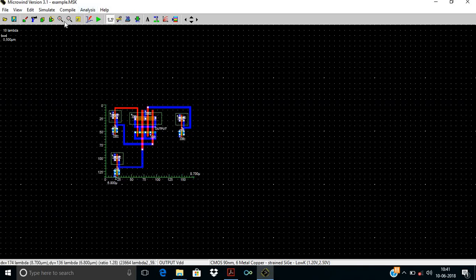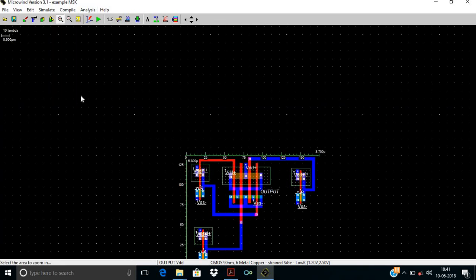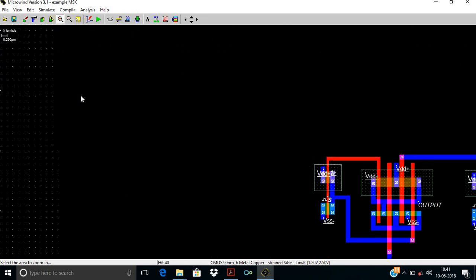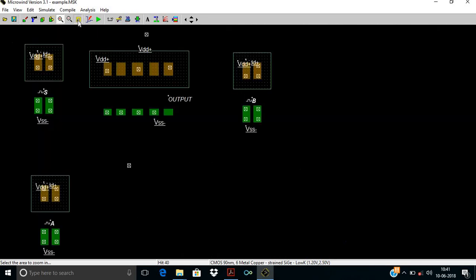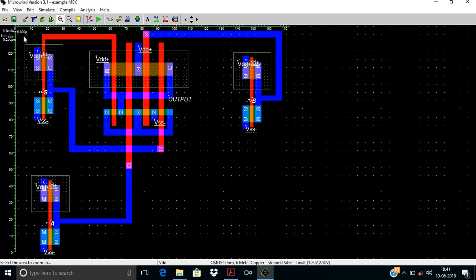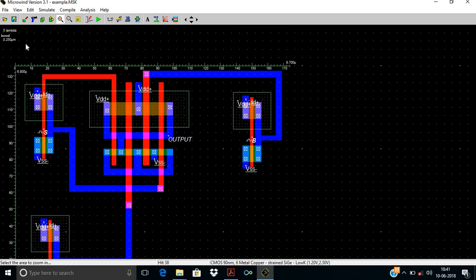The width is 0.200 micrometer, and the length is 8.70 micrometer. You can multiply these and calculate the area. This is the 2:1 multiplexer design using CMOS logic gates, meaning using logic gates.